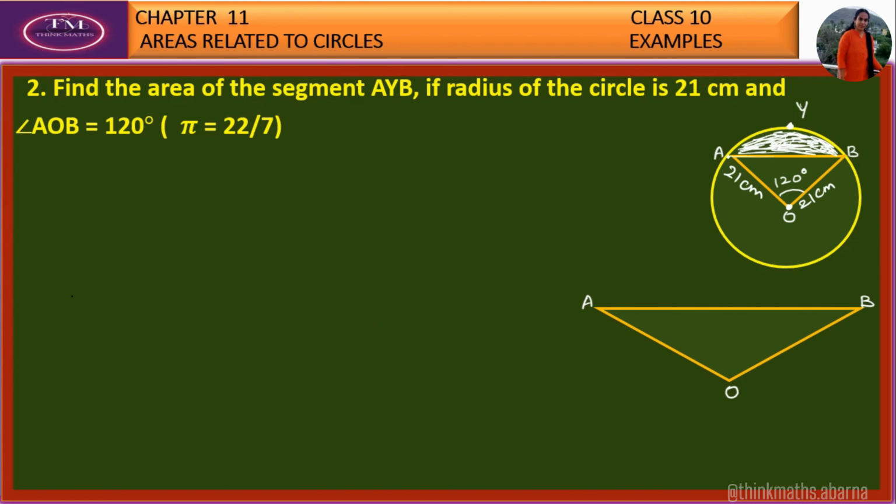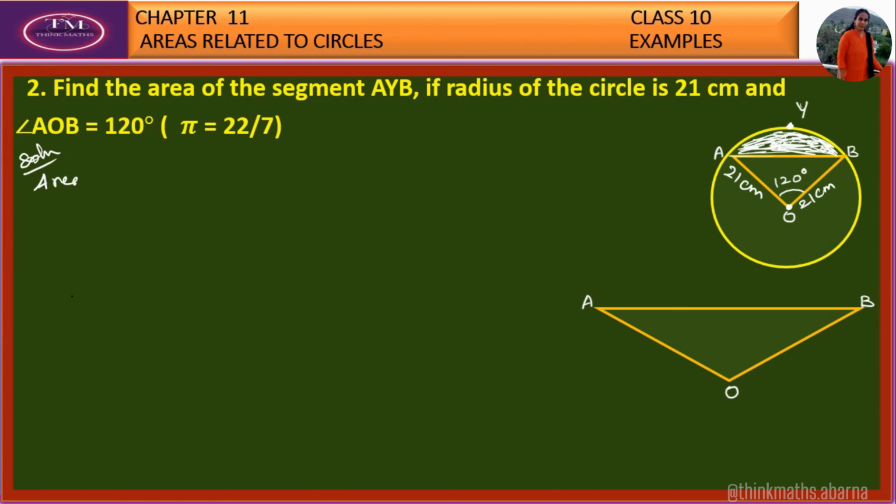We have to subtract from the area of the sector OAYB minus triangle AOB. So from the area of the sector OAYB, we have to subtract the area of the triangle. Okay, children, there is no direct formula to find out the area of the segment.